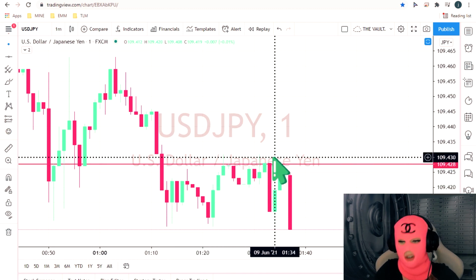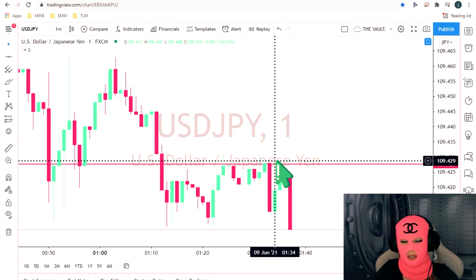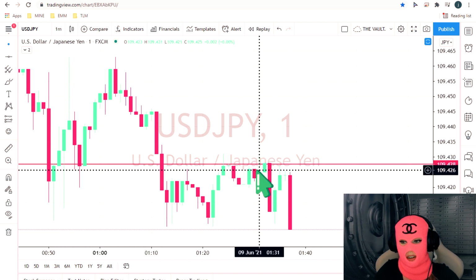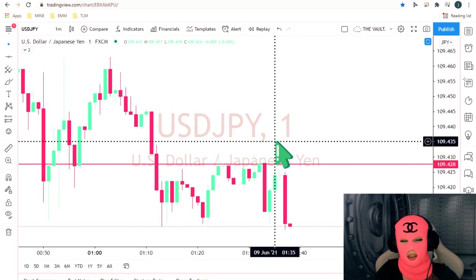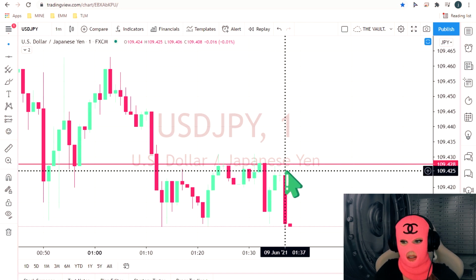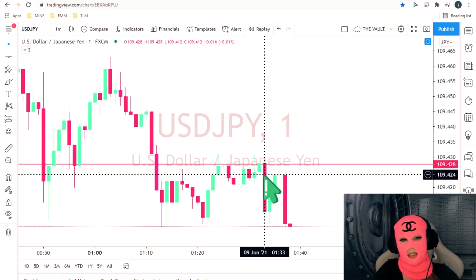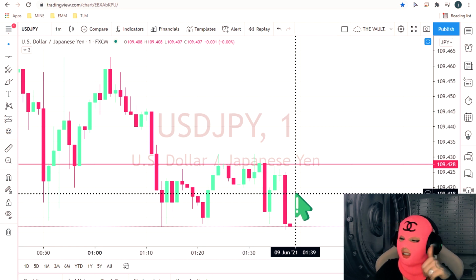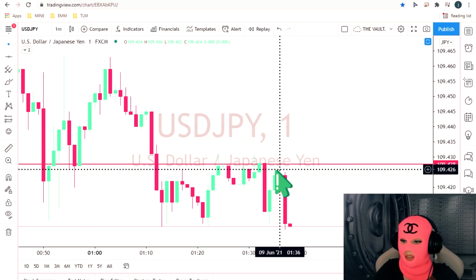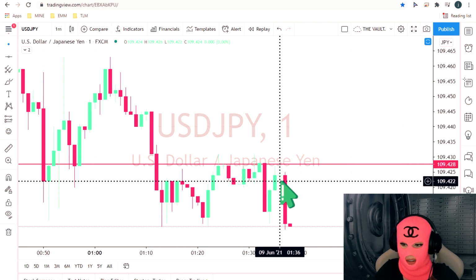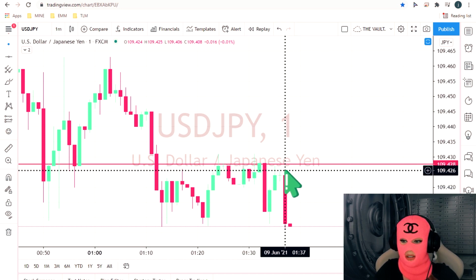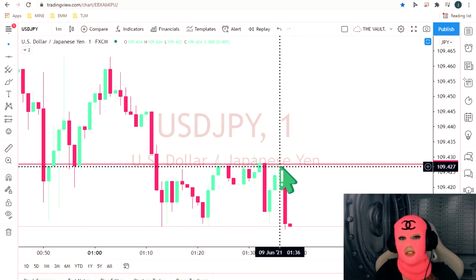Another force up to test this level, previous support, now resistance, only to fail. It comes up another time, and it rejects it. Now once we learn in Japanese candlesticks, the next video, hang in there, trust me, it's worth it. This is what's called a doji, in particular a rickshaw man. This is a strong signal of indecision.